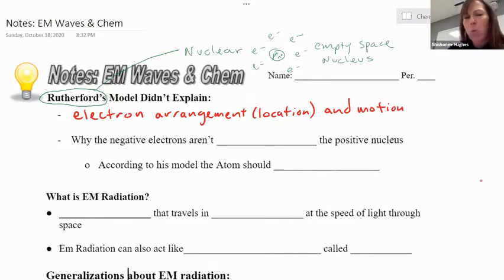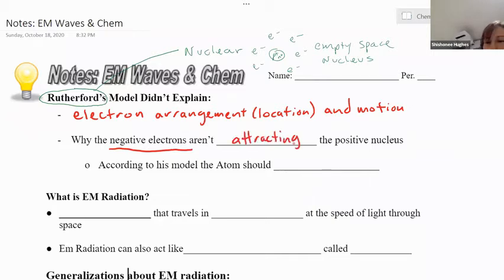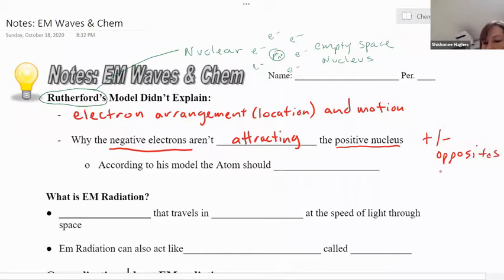The other thing that's weird is that his model did not explain why the negative electrons aren't attracting the positive nucleus. Because when you have positives and negatives, these are opposites, and what they do is they attract. Opposites attract, okay?